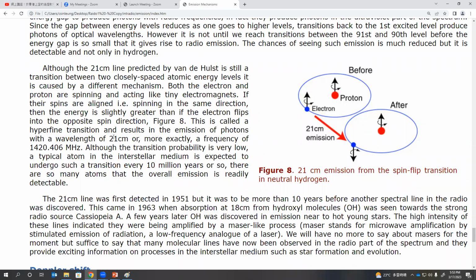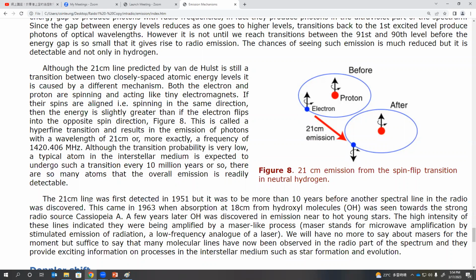I will show you later that our observation is also based on this 1420.406 megahertz. Although the probability for this spin up, spin down transition is very low, we have many neutral hydrogen atoms, so we can still detect it, based on the prediction from the Dutch astronomer.